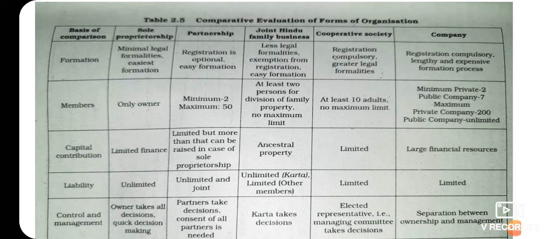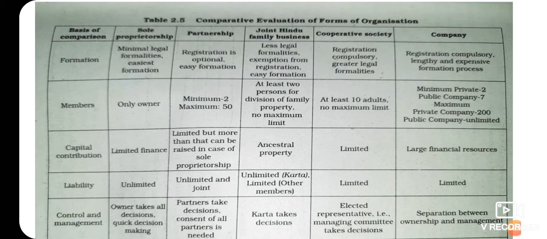Liability: unlimited liability in sole proprietorship. Partnership, unlimited and joint liability. Joint Hindu family business, unlimited liability of the karta and limited liability of other members. Cooperative society, limited liability. And likewise company, limited liability of the members.